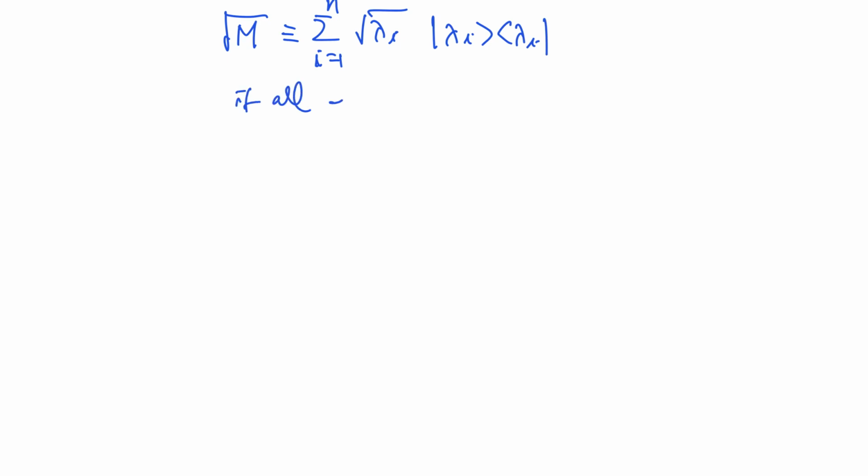So if you have a positive Hermitian matrix, you can define the square root of the matrix.